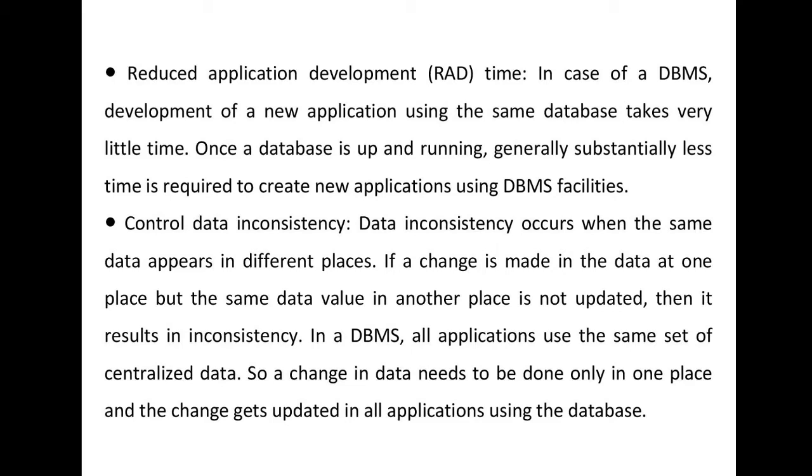A change in data needs to be done only in one place, and the changes can be updated in all the applications wherever you are using the database of that particular customer, depending upon the organization. Depending upon the DBMS software you are using, it will be changed automatically wherever this file is stored. That is a very big advantage.